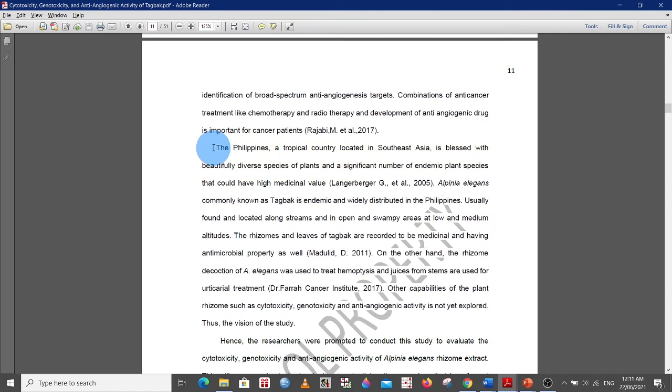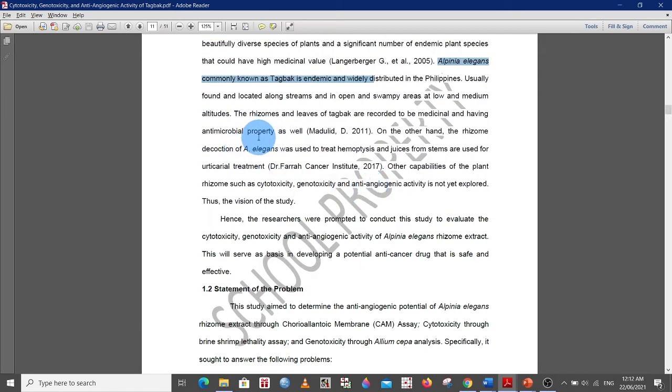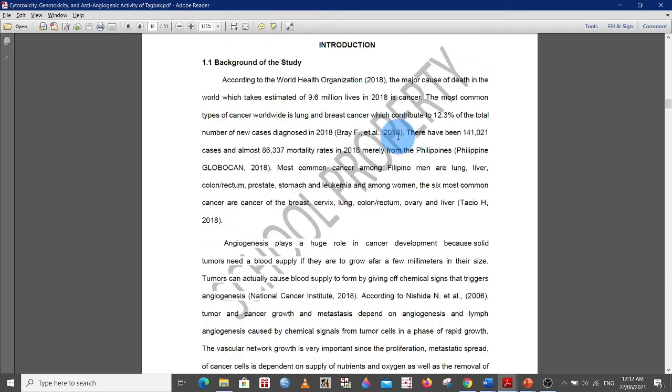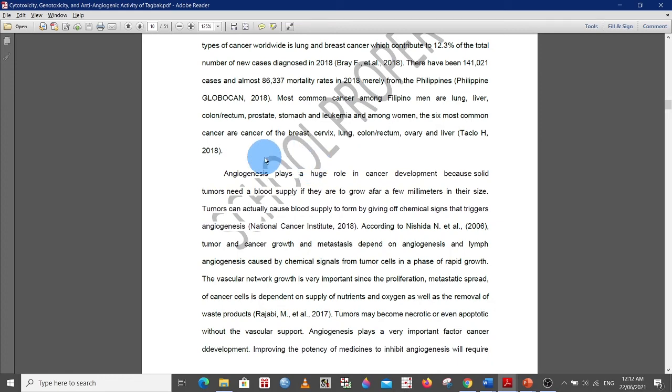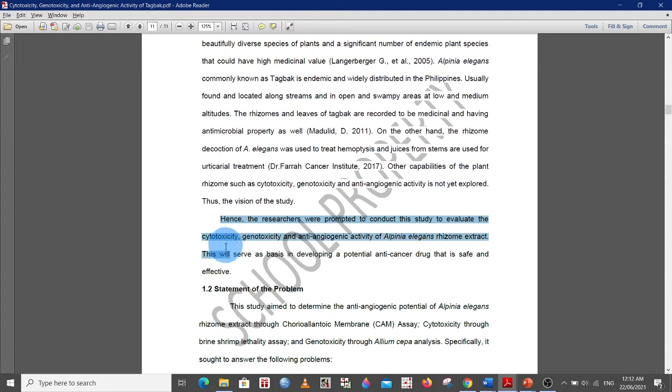Go back to the Philippines, introduction sa Philippines nga daghan siya og mga plants because it is situated in the tropic region. That's why it's called a tropical country. Okay, and gi-introduce na niya ginahinay diri ang Alpinia elegans known as tagbak sa kaning nga part. So talking all the issues, the possible answer to the issue or the problem, after that kanina dayong last nga lines.